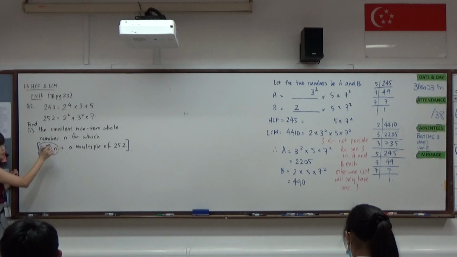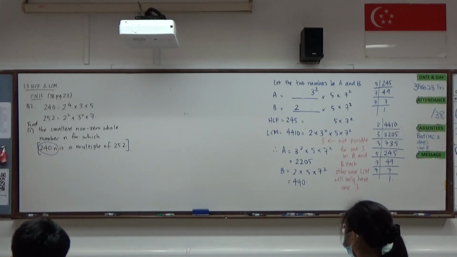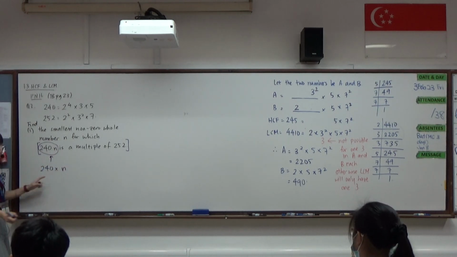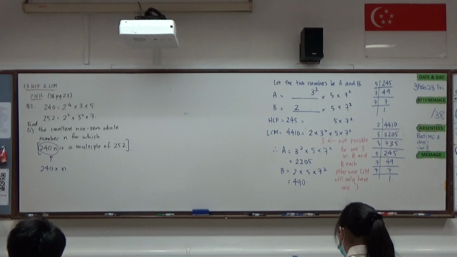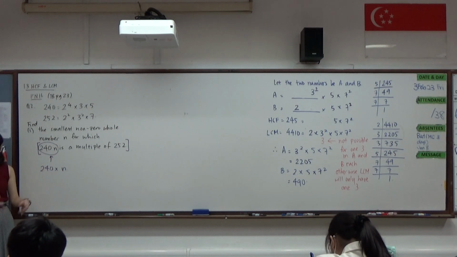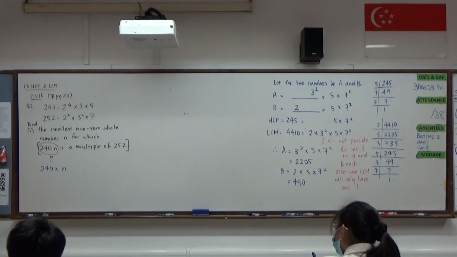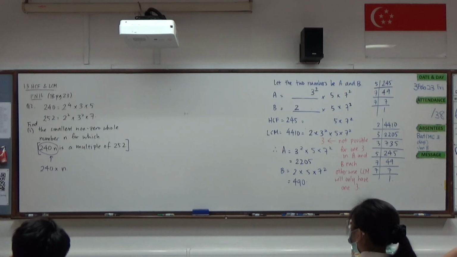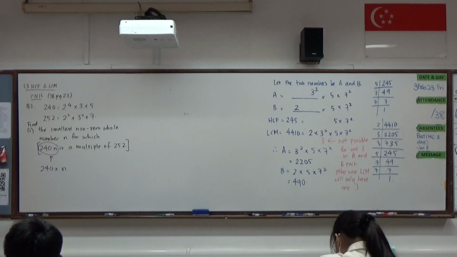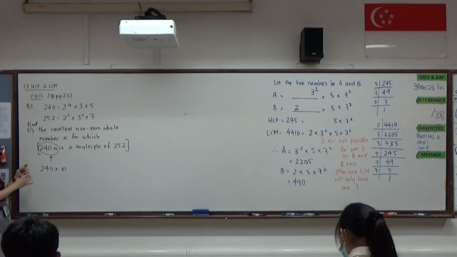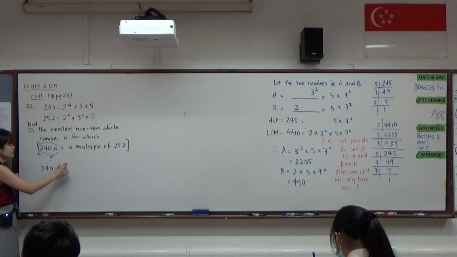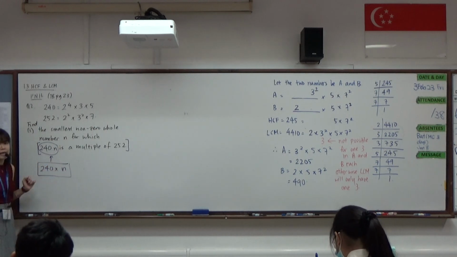240n, it is going to be a number. This actually means 240 times n. N is supposed to be a whole number, so 240 times something. It can be times 2, times 3, times 5, times 7, times 8 also. We are going to find out what this value of n is. Because it is 240 times a number, what does it mean about this 240n?